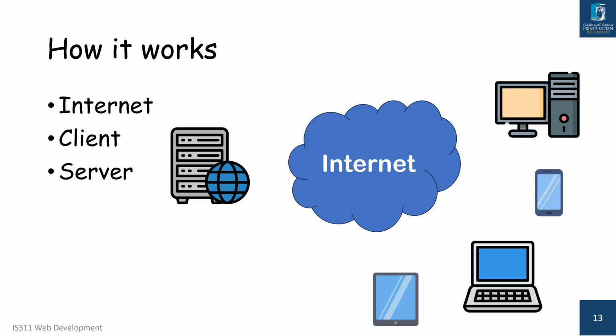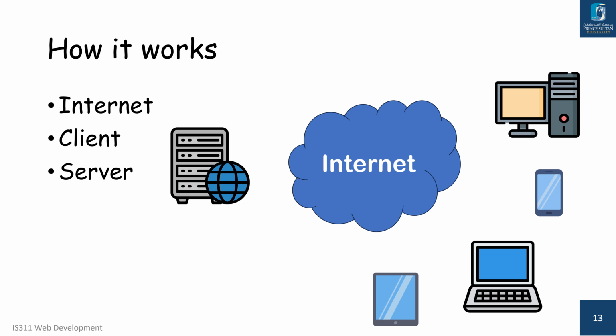Communication. So if I say, what is a server? A server is just a program which is running on a computer. That computer is powerful. Yes. That computer can host multiple websites, and each website has its own web server, which is a program running on that computer.